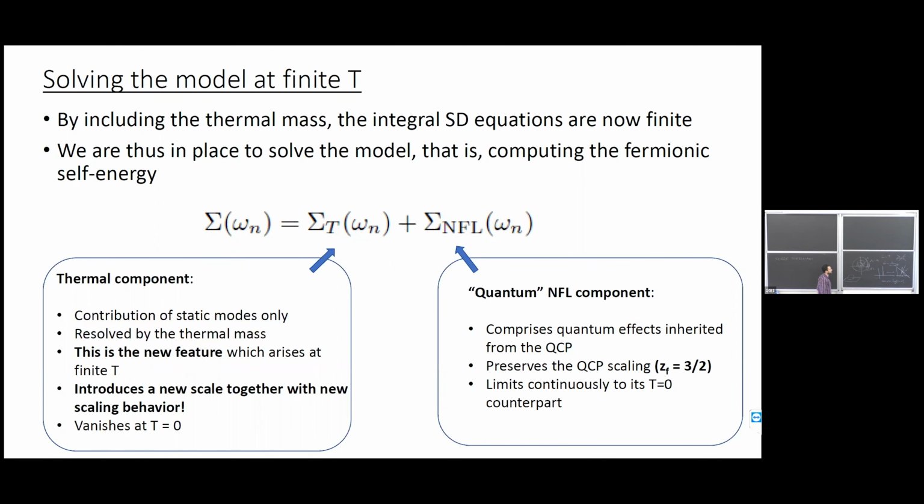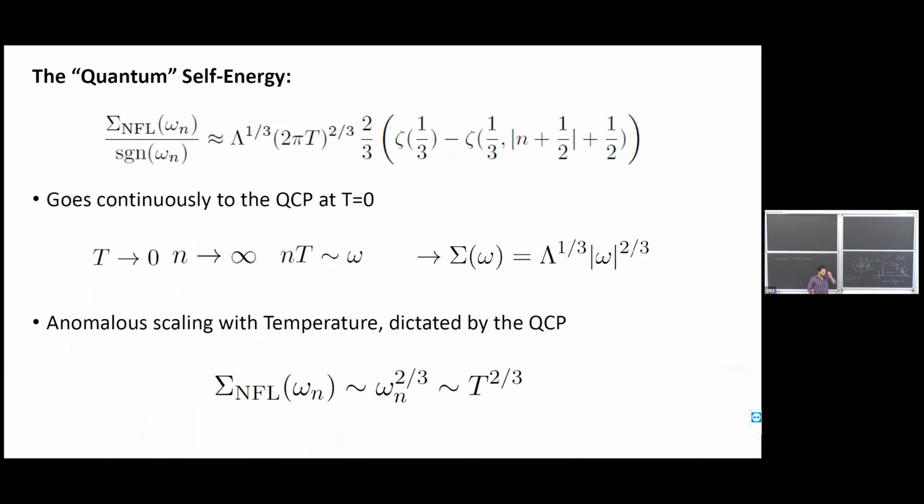On the other hand, the other competing effect is the quantum, let's say, Fermi liquid component. And as I mentioned many times before, this doesn't introduce anything new. It is just the naive extension to finite temperatures of the quantum critical scaling. So let's start with this, which is the easier one.